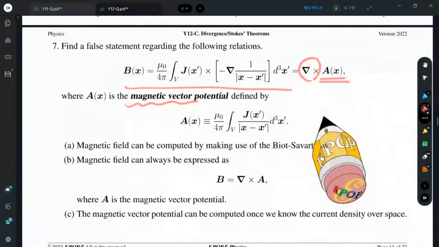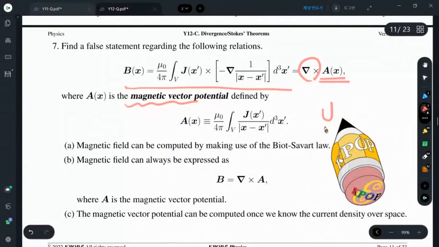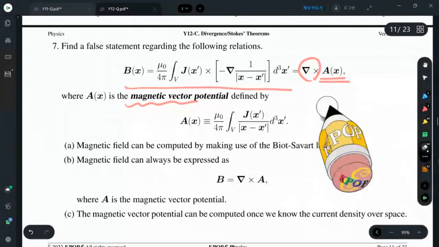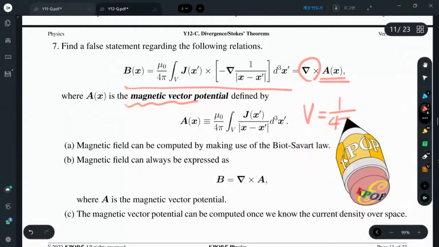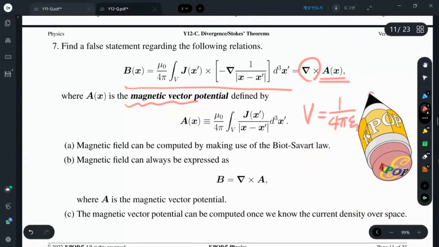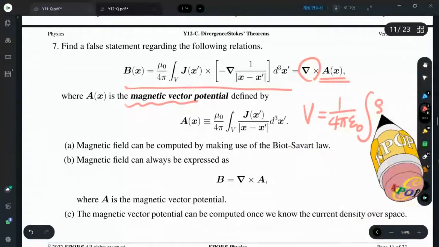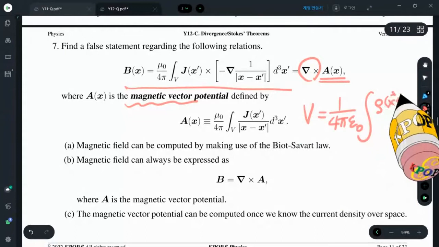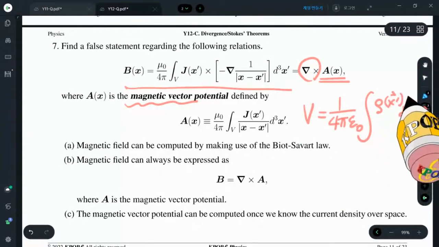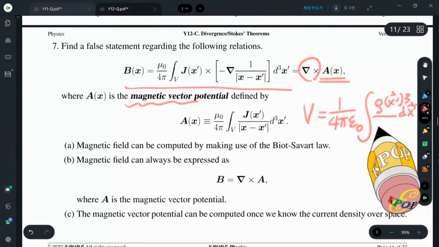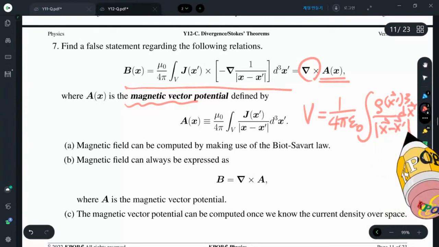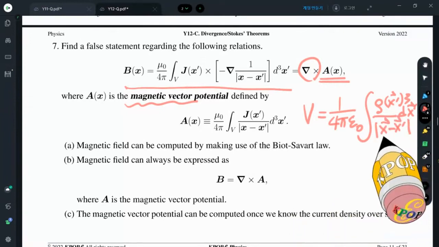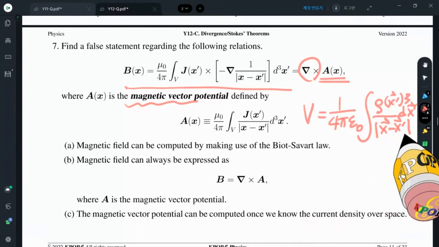We remember the electrostatic potential: it is 1/4 pi epsilon 0, charge density at the source, volume integral, over the distance between the field point and the source point.